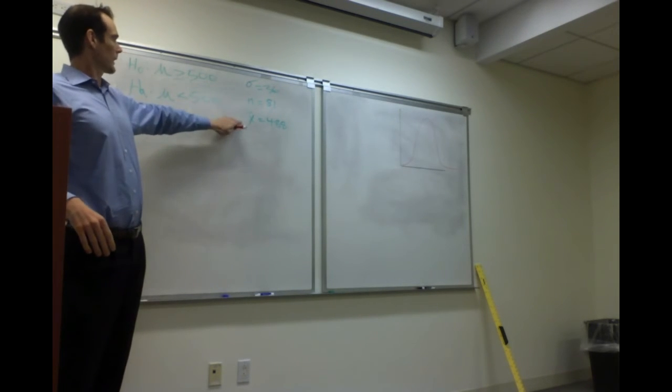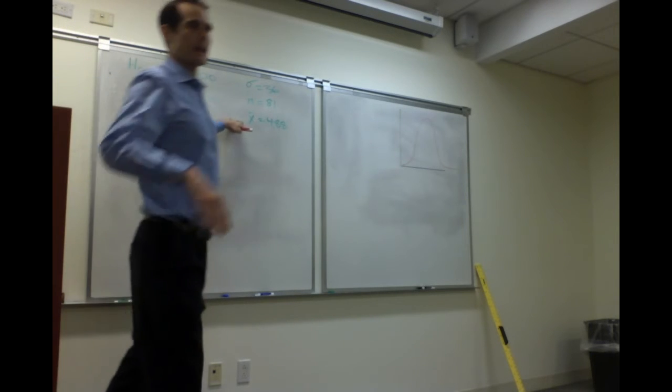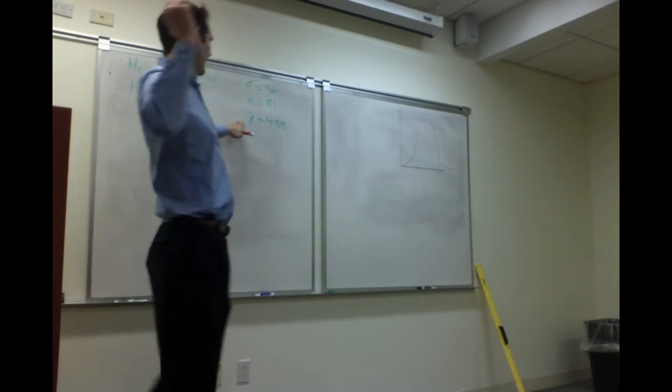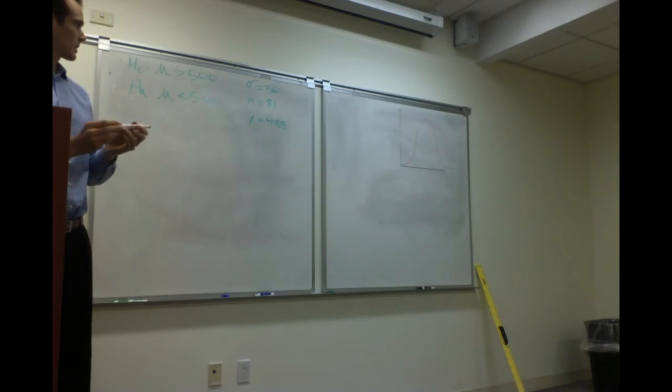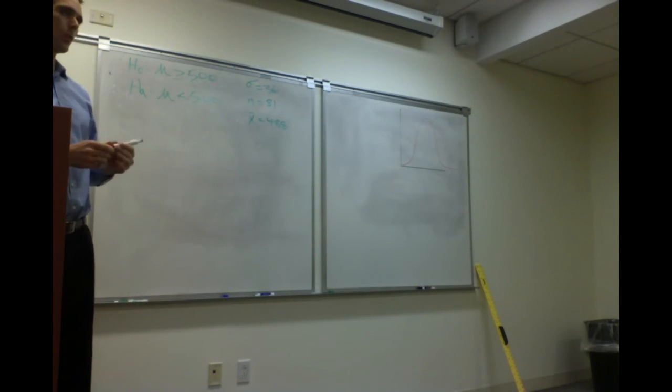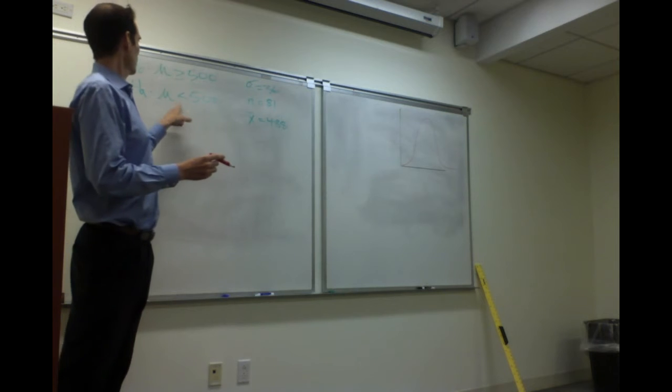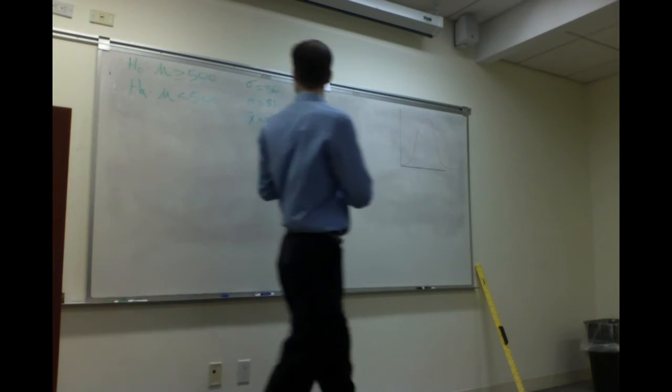We get a sample mean of 488 downloads per minute, and we have a standard deviation of 36. So, are we looking at a one-tailed or two-tailed test? One-tailed, because we're only concerned with the one side.